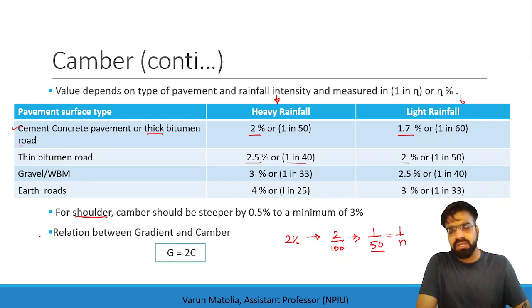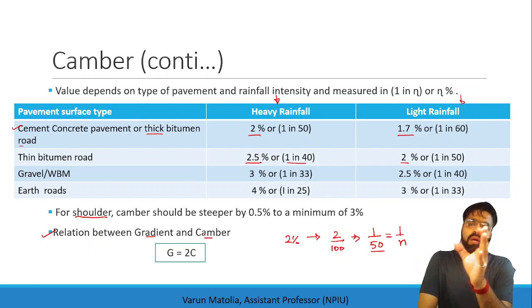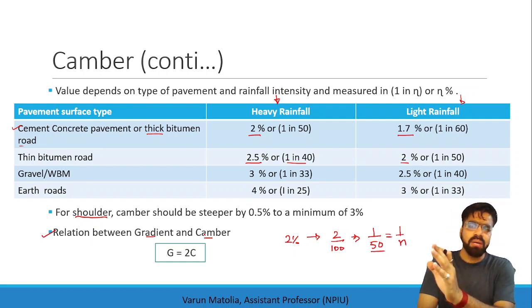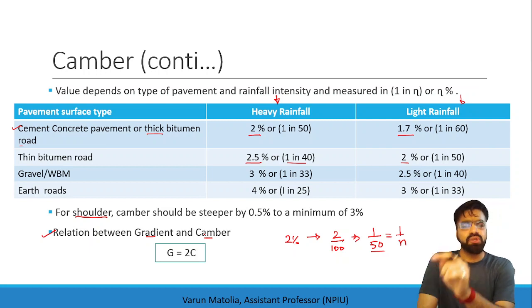Then another relationship between gradient and camber. When we are moving in any direction, that direction is known as the longitudinal direction. And you know the camber is the transverse slope. So the slope provided in the longitudinal direction, or the direction in which we are moving, is known as gradient.